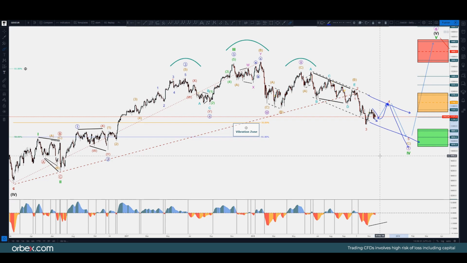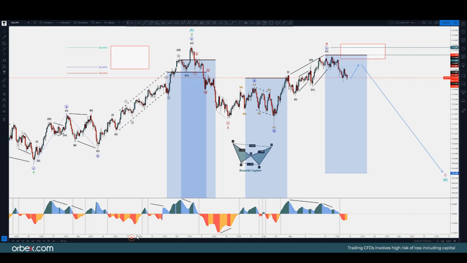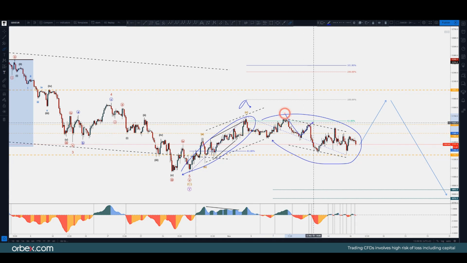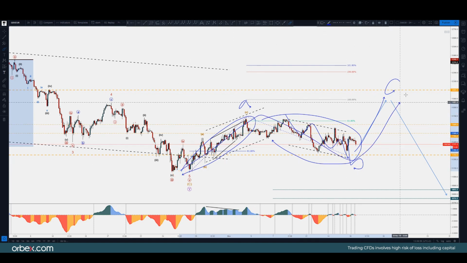And the reason why I'm saying that is because if I go on the VIX, I'm noticing a pattern which is typically an A wave, right? And notice this correction is quite complex, so I'm suspecting a B wave and a possible C right here for a larger pattern.